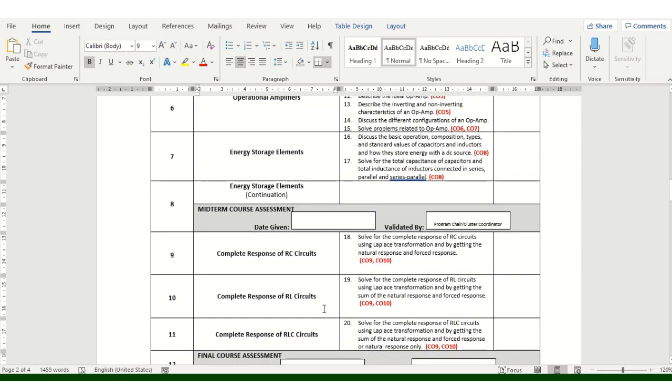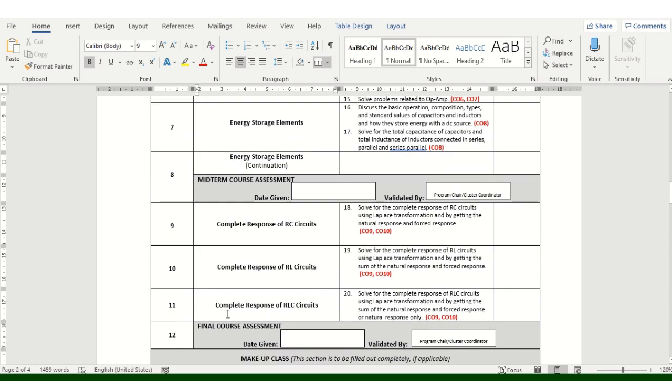And finally, we will combine the lessons learned from the RC and series RL circuits and see how we deal with circuits that consist of all those elements, the resistive, inductive, and capacitive elements.